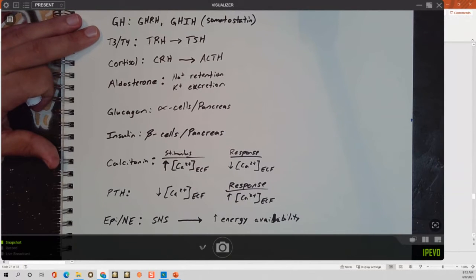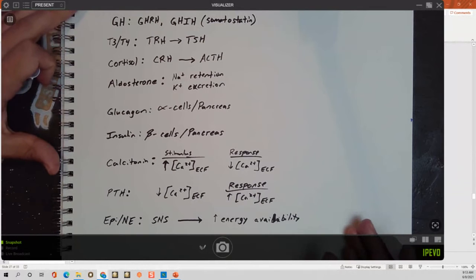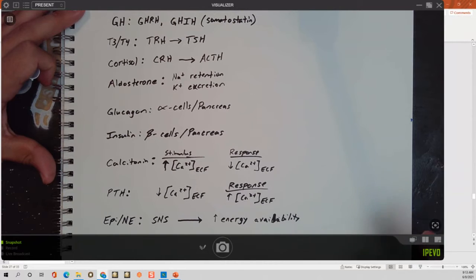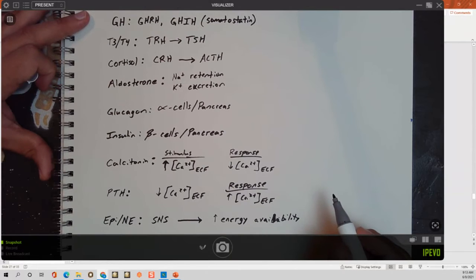And we can get glucose from lots of different sources, not just glucose sources. We can get glucose from glycerol. We can get glucose from amino acids. And if we're making glucose from glycerol and amino acids, this is called gluconeogenesis.